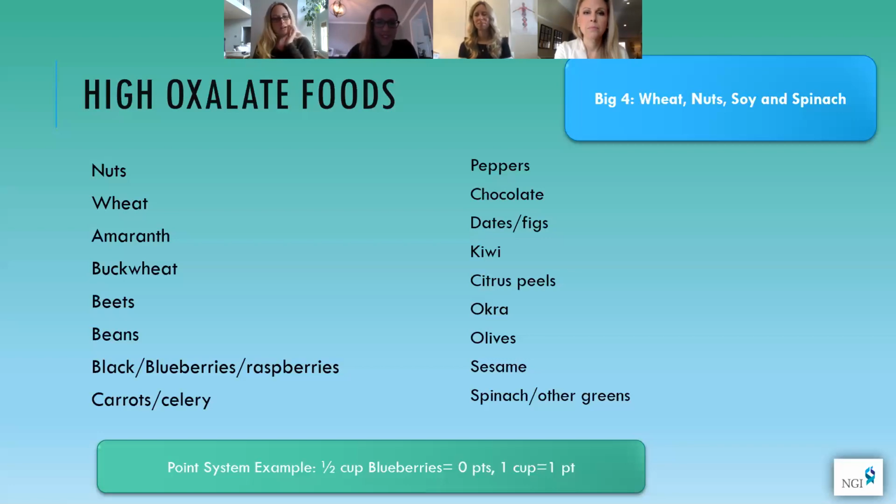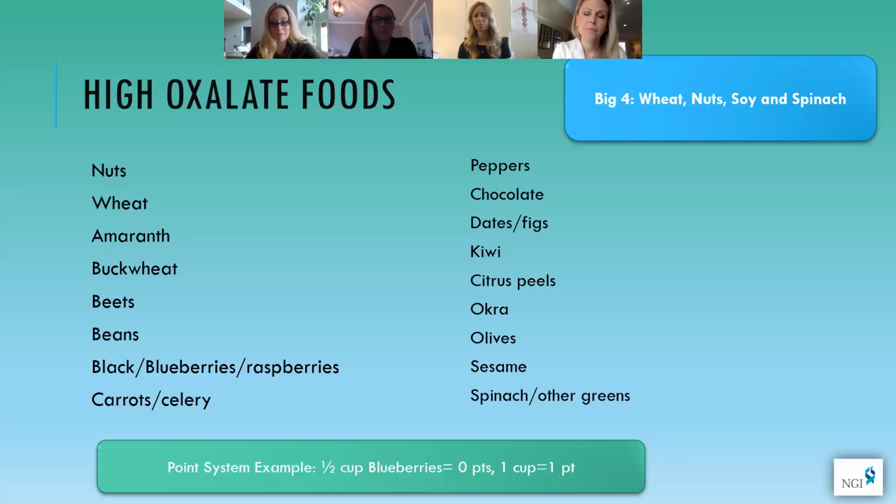One of the things that I created years ago was a point system for my patients, because as we look across a lot of the literature out there, it can be really confusing. People go to Dr. Google and say, I've heard of lectins or oxalates, I think I have this issue, or my mom had a kidney stone.